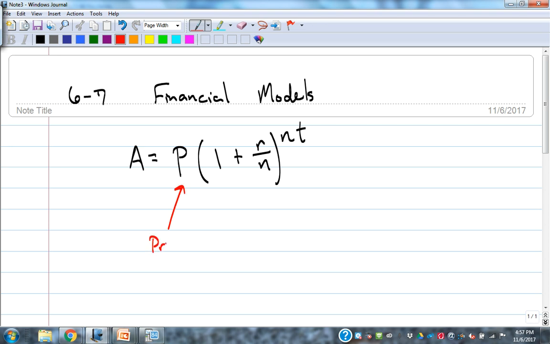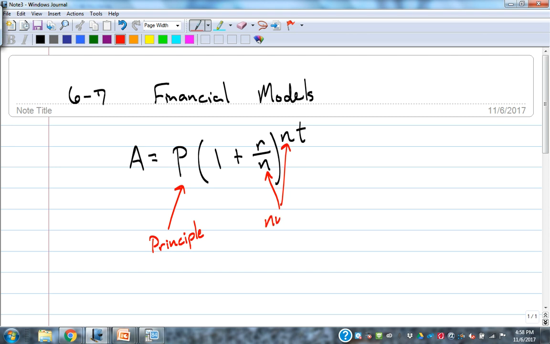P is the principal. The guy you go see when you're in trouble. No, that's not what that is. It's the initial investment. How much you're putting in your account. That's what your initial investment is. All right. The n, it's in 2 places.